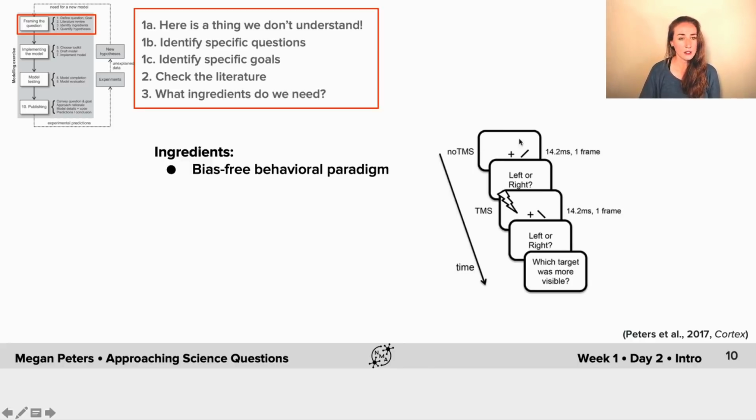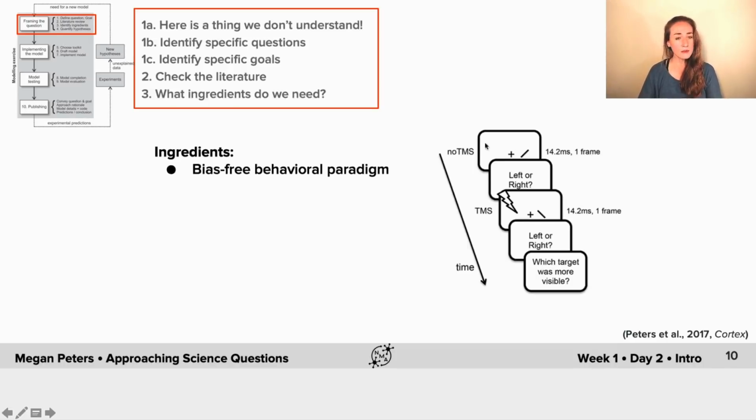The idea is that we show you a thing and we don't zap you, and you have to discriminate whether this little bar is tilted to the left or to the right of vertical. Then we show you another little bar, and we say, is it left or right from vertical? But this time we zap you.